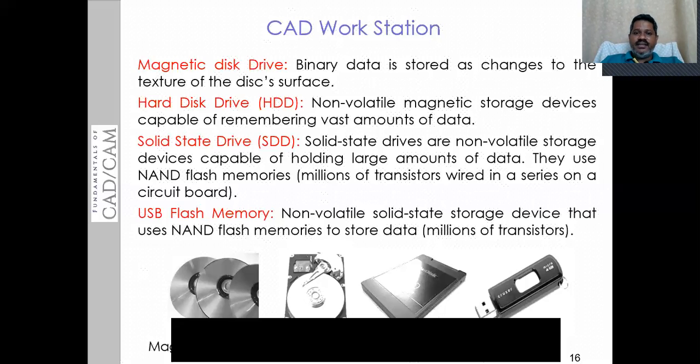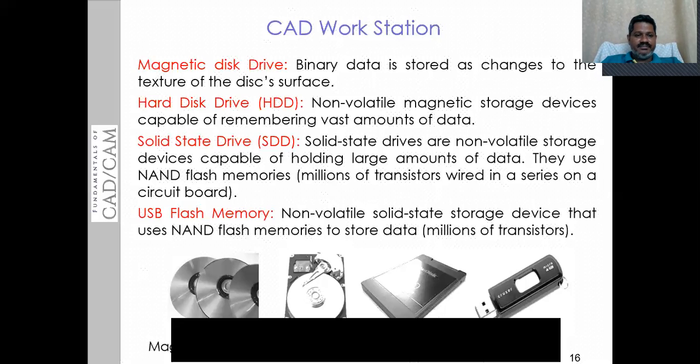The HDD has one rotating device. SSD does not have any rotating device, so the life of the SSD is more than HDD. Both use NAND flash memories and gates, meaning millions of transistors are connected together in series on the circuit board to store the data.